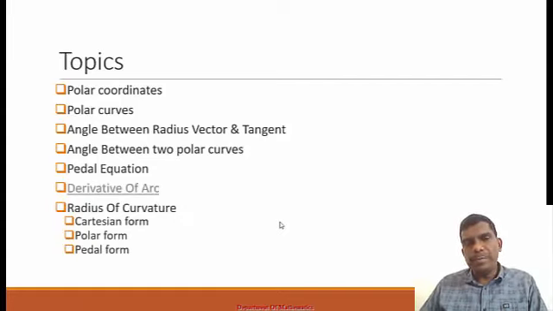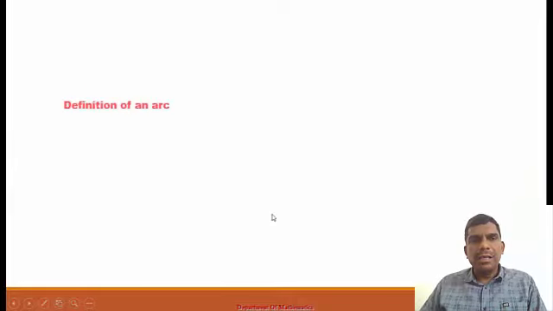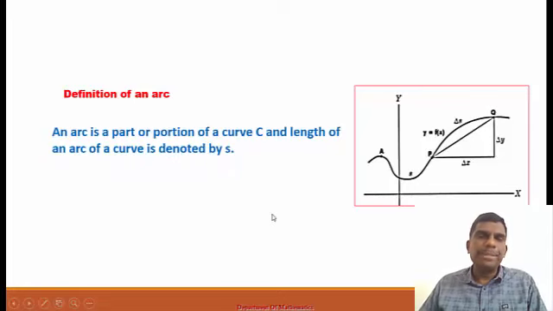In this video, I'm going to explain what exactly the derivative of arc is. The derivative of arc means it's a part of the curve C, and the length of an arc of a curve is denoted by S. If there is a change in x from one point to another point, automatically the y value will also change.